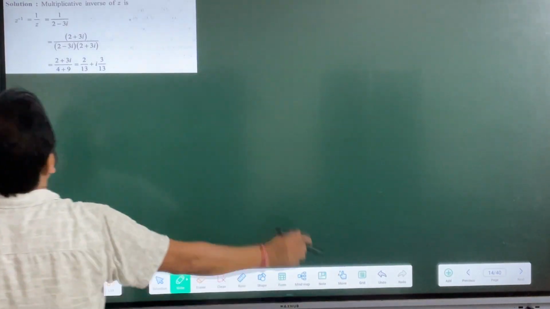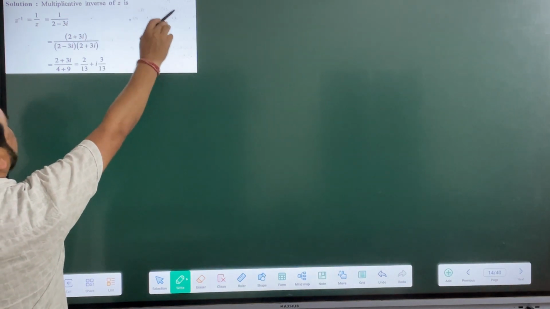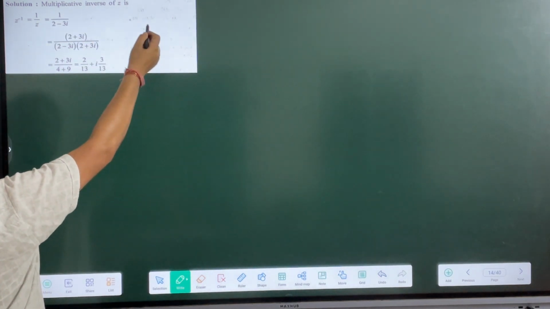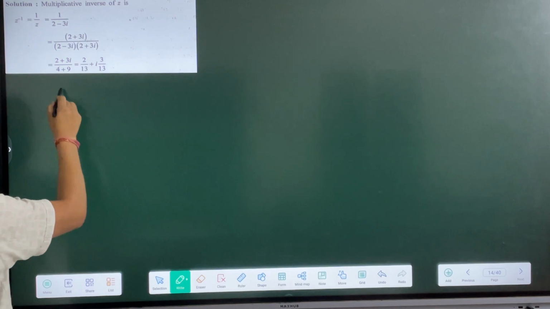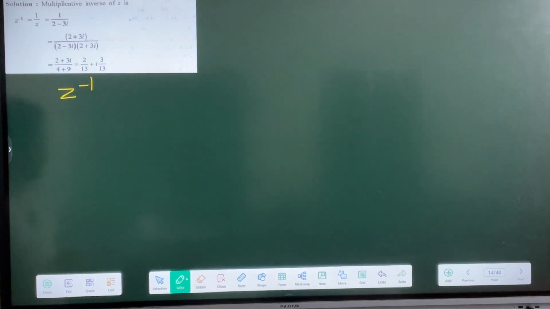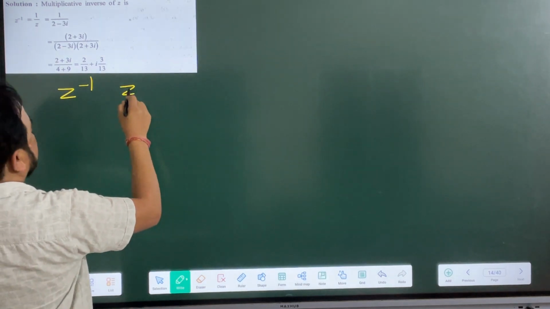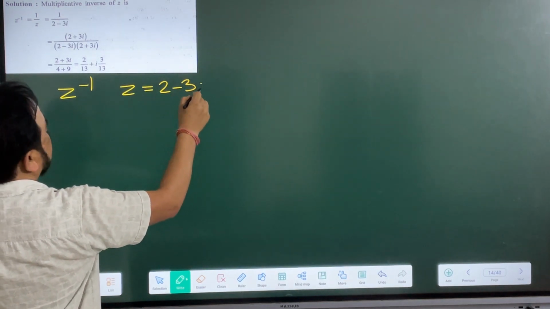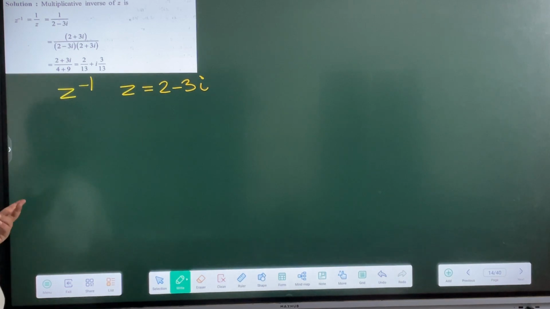Example number 2, find the multiplicative inverse of Z. Multiplicative inverse means, what do we understand? Z inverse. If Z equals 2 minus 3i, it is given. We have to find out Z inverse.